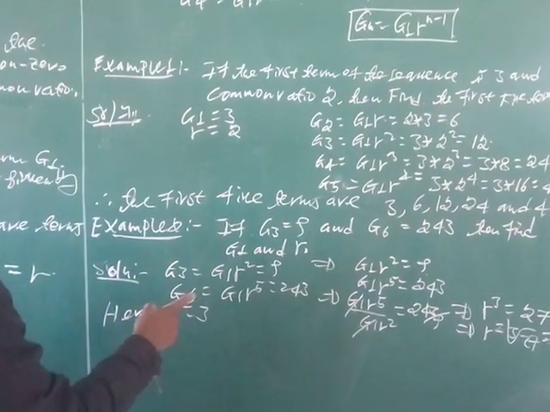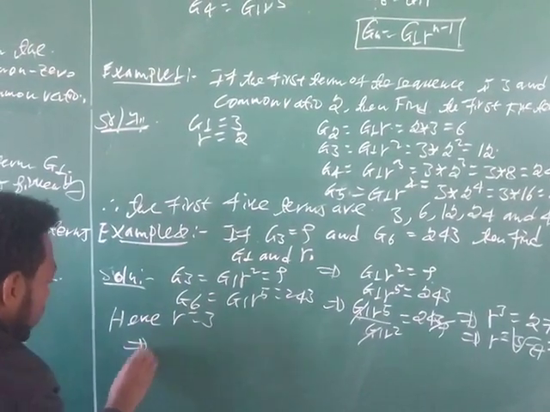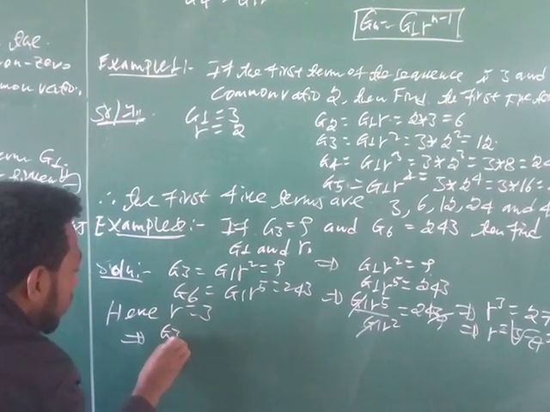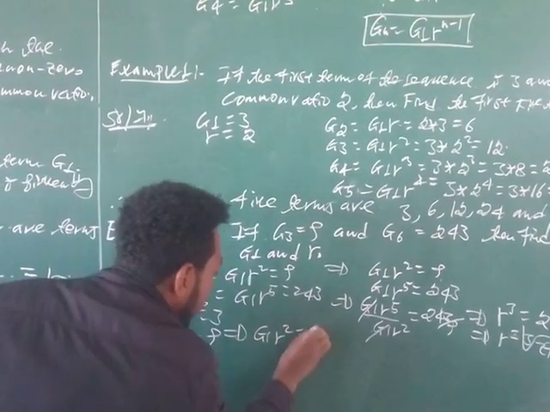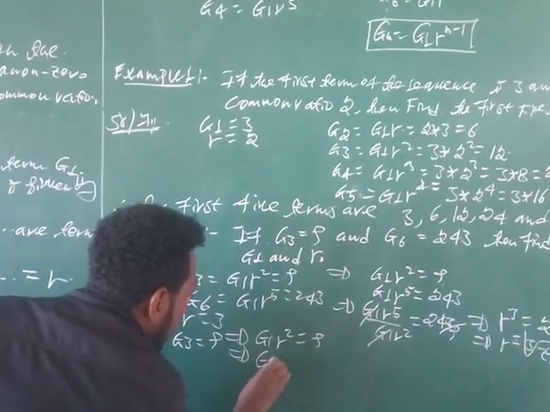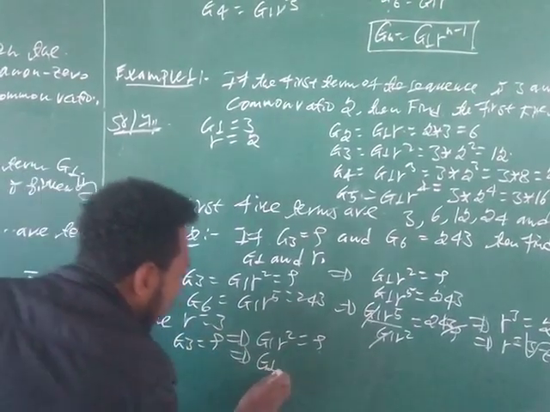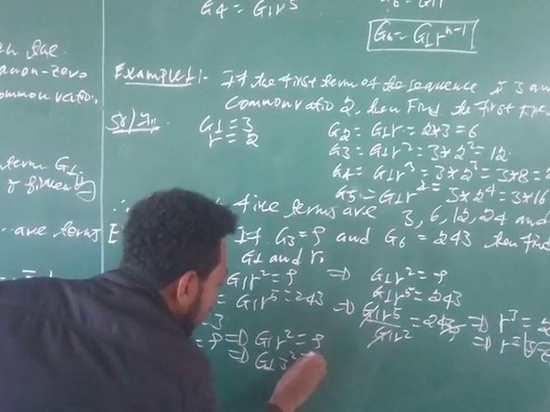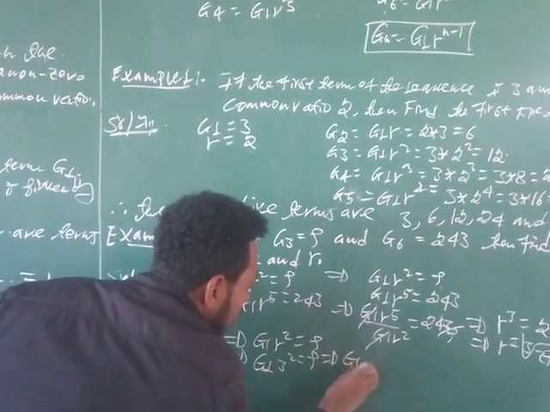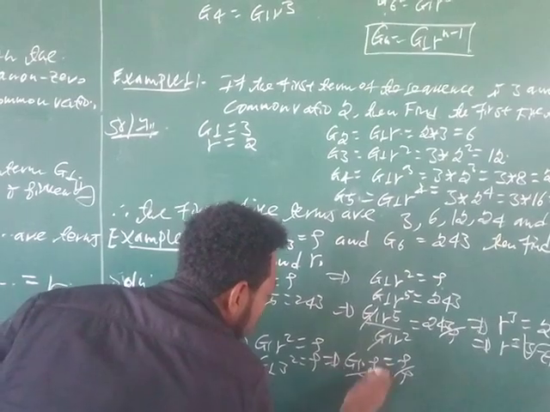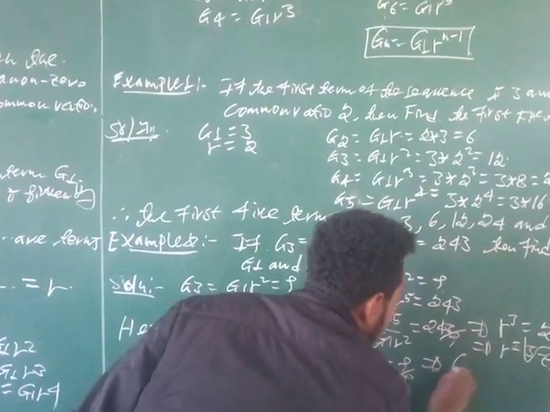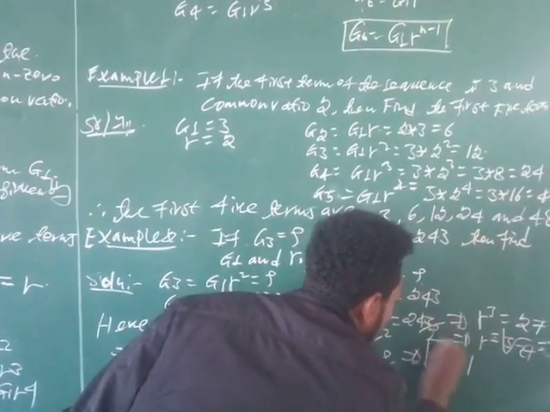Now we are going to find g1. This implies from g3 is equal to 9, here we have g1 r squared is equal to 9. So we insert 3 in place of r. 3 squared is equal to 9. This implies g1 times 9 is equal to 9, so 9 over 9 is cancelled. So g1 is equal to 1.